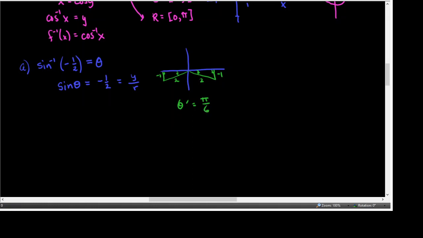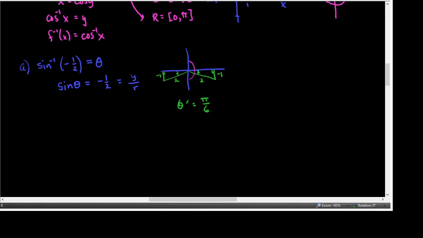Thinking about sine inverse, remember that was the one that only had answers from -pi/2 to +pi/2. So the only triangle that falls in there is the one on the right, in the fourth quadrant. But be careful, it's not a fourth quadrant angle like between 3pi/2 and 2pi. It's somewhere between -pi/2 and 0.